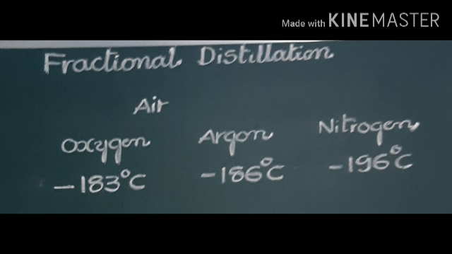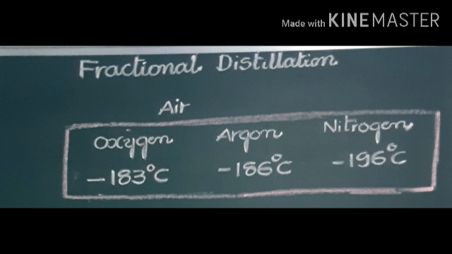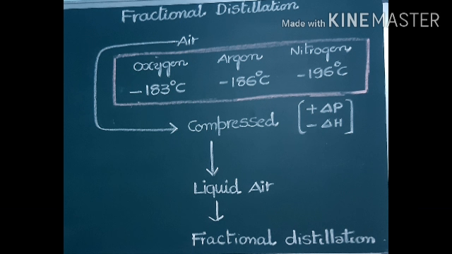Now the air is compressed. How will it be compressed? By increasing pressure and decreasing heat energy. Then air is changed into liquid air. Further, it is allowed to warm up slowly in a fractional distillation column. Then what happens?